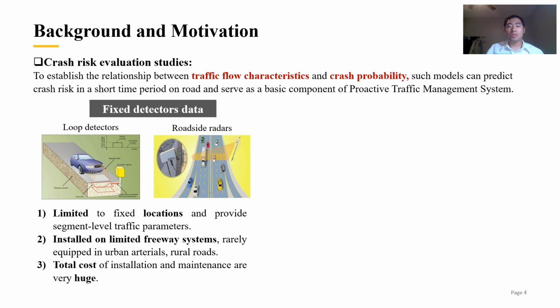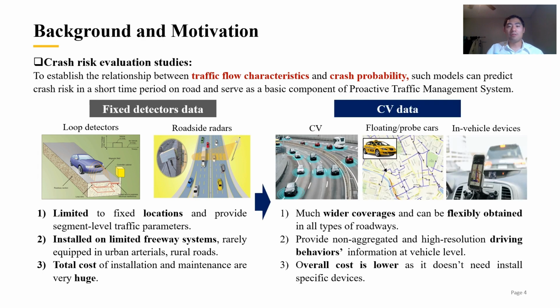But luckily, with the development of connected vehicle techniques, now we can get new CV data. For example, we can get new data from smartphones, from floating cars, and even from in-vehicle devices. They have a lot of advantages.